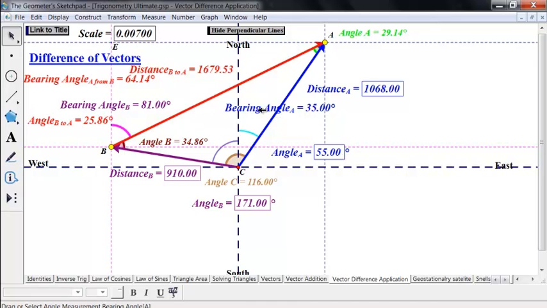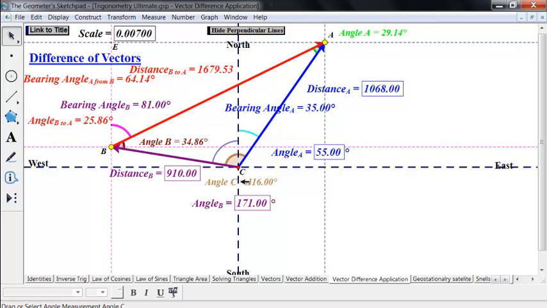Purple plus red is blue. So blue minus purple is red. And so the red one can be the difference of the two. This is pretty useful when you have problems.